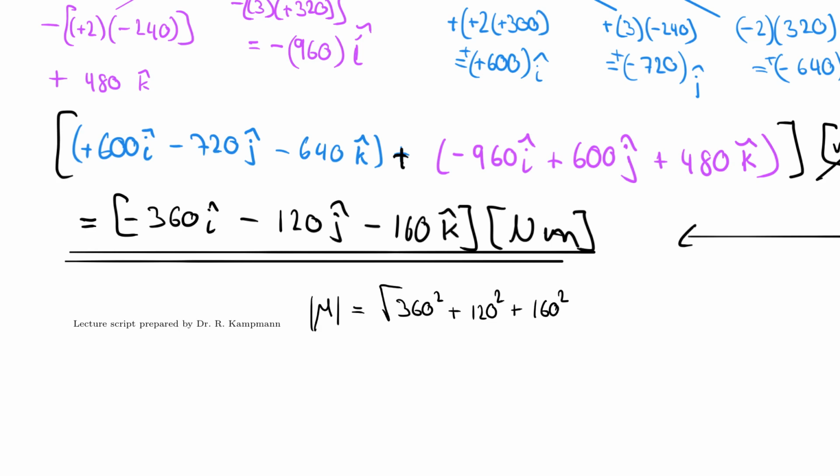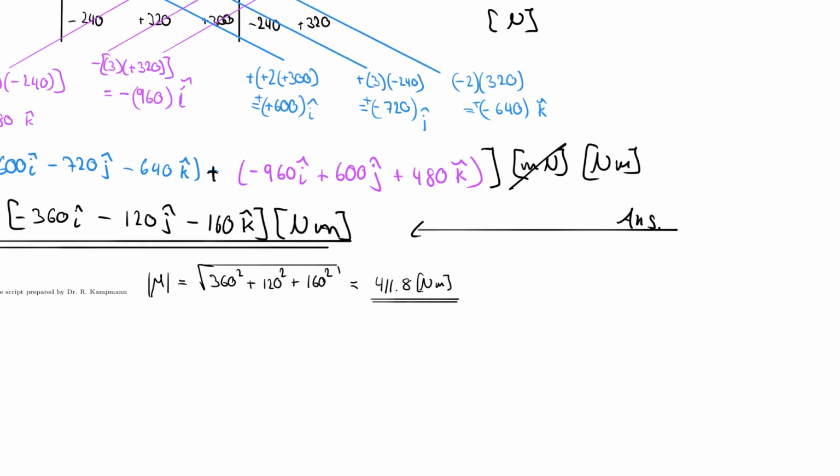So if I punch that into my calculator, this is probably where I would need a calculator, I will end up with 411.8 Newton meter. And that once again is a result. So I now have to use my answer arrow and indicate this properly. And I want you to think for a second about this versus this.